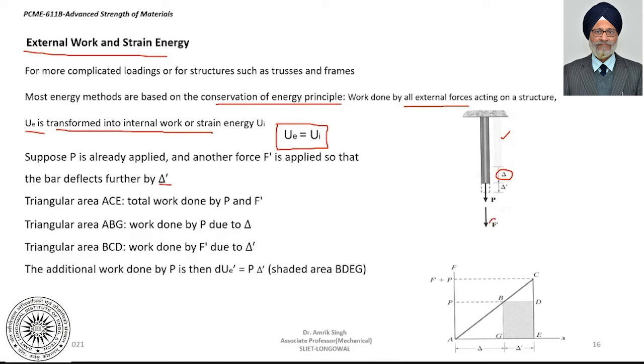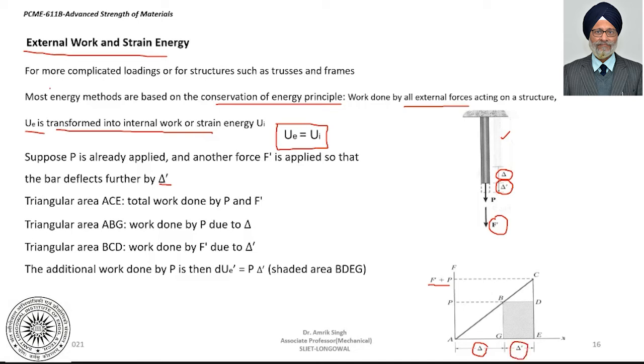But if you apply the additional load, that is F dash, it is further deflected by the amount delta dash. So if you draw the situation here, from A to B you have applied the load P, so delta is the extension. Then you apply the load P plus F dash. Corresponding to this, delta dash will be the extension.